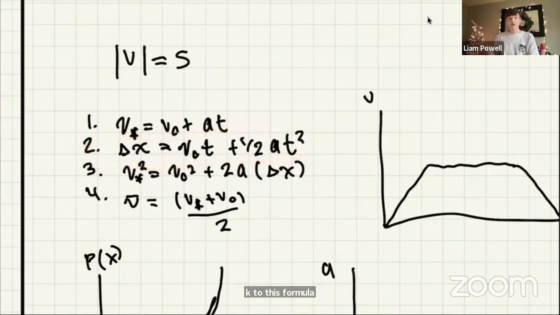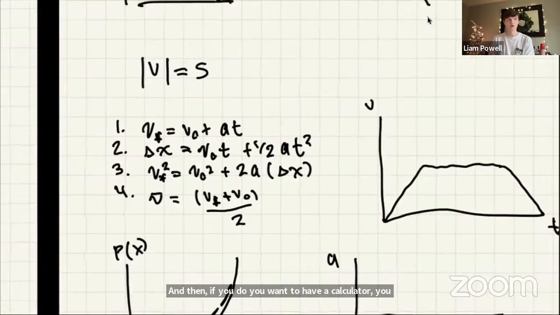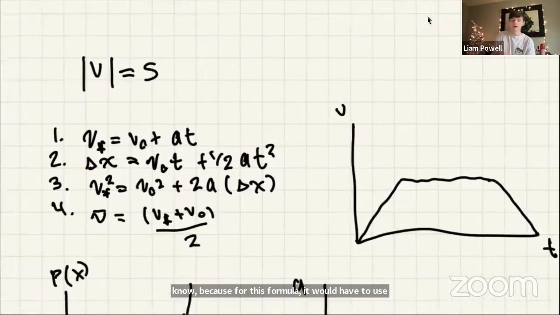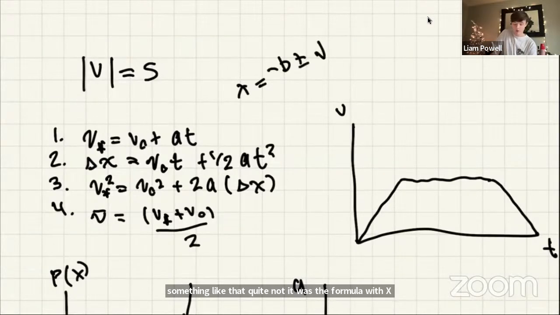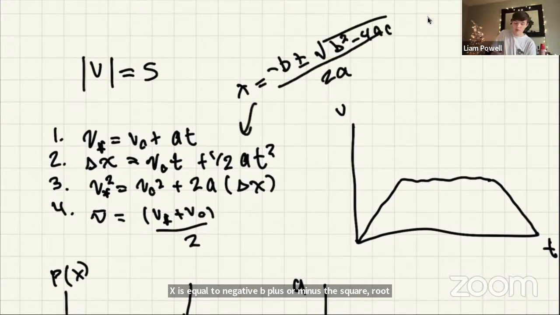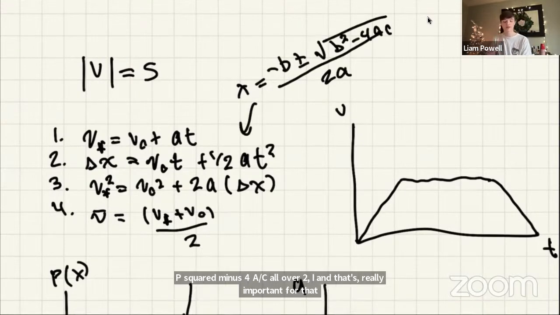If you want to have a calculator, because for this formula we might have to use x is equal to negative b plus or minus the square root of b squared minus 4ac all over 2a. And that's really important for that one. A calculator makes it much simpler and faster.